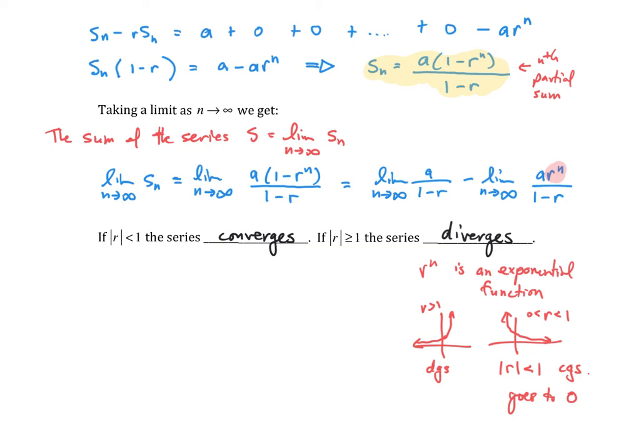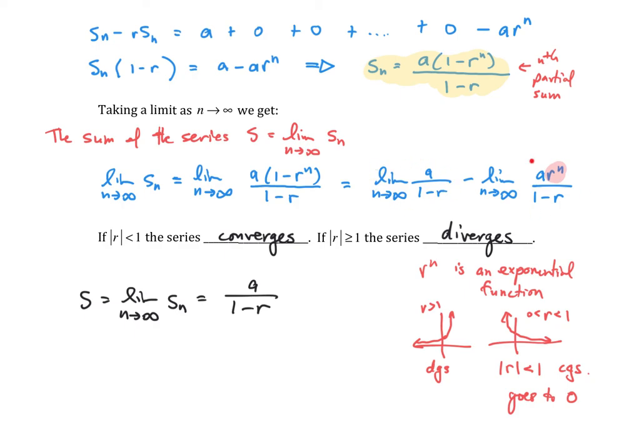And we know what the series is going to converge to. In particular, the series S is going to be equal to the limit, as n goes to infinity, of the nth partial sums. That's just going to be that a over 1 minus r piece that we had found earlier, right?